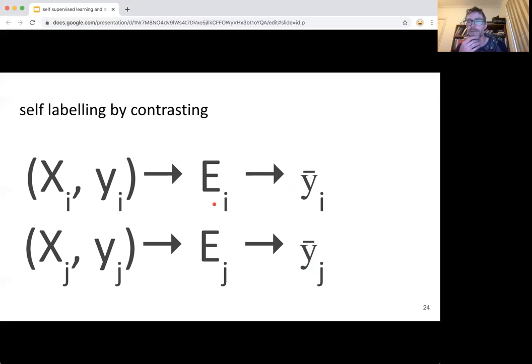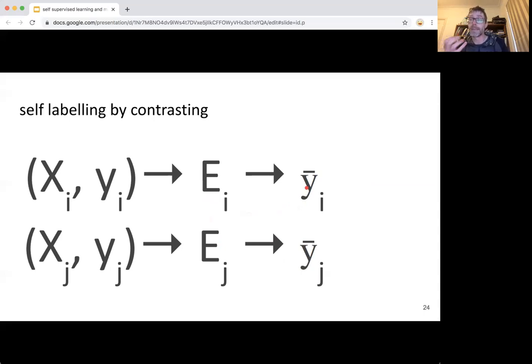Well, it's a bit fuzzy what it means to be the same. They can't just be the same, otherwise there'd be no interesting generalization of the network. But they should be more similar maybe than other very, very different i's and j's. It's a fuzzy statement, but the main crux is that I can assert that these encodings should be like each other, in double quotes, under the idea that the labels are the same without knowing exactly what the labels are.